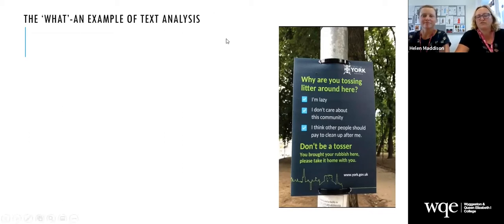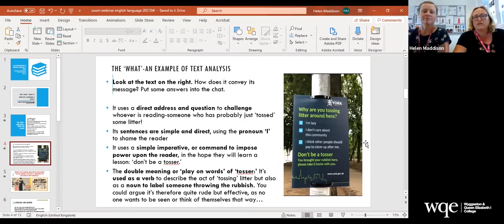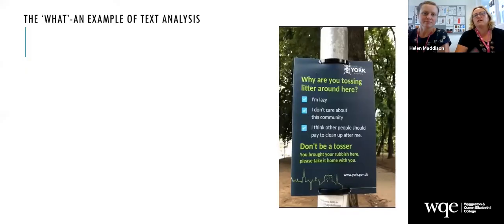Over the next couple of minutes, just put into the chat, I assume there is a chat somewhere here, anything that you think is important about this. What sort of things do you notice with the language there? And in particular, are there any patterns that you notice? Because a lot of what we do is looking at patterns in language as well.